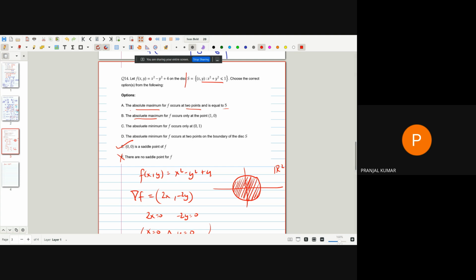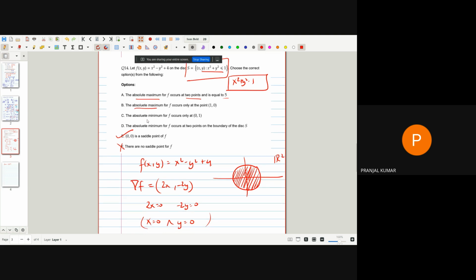So domain is only this. x square plus y square equal to 1 is a circle. It is the equation of a circle centered at origin, and radius less than or equal to 1. So that is the boundary of the function.